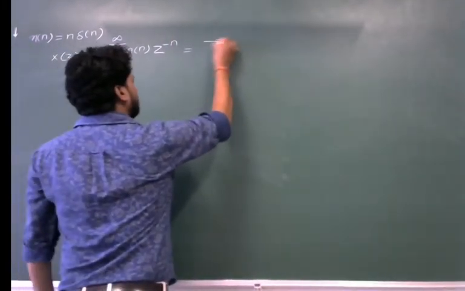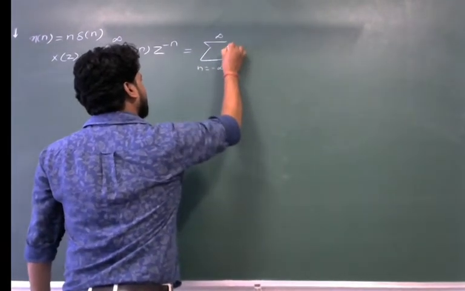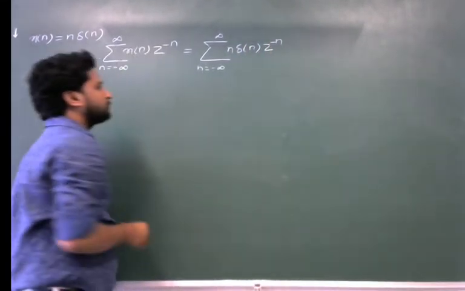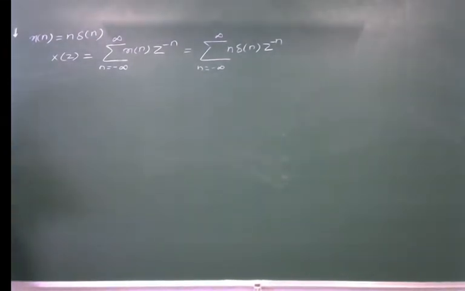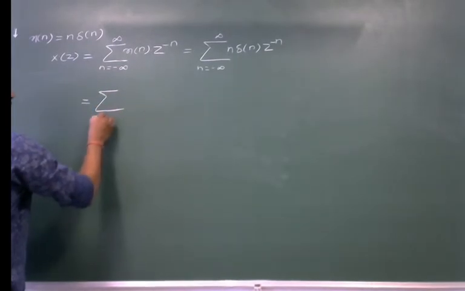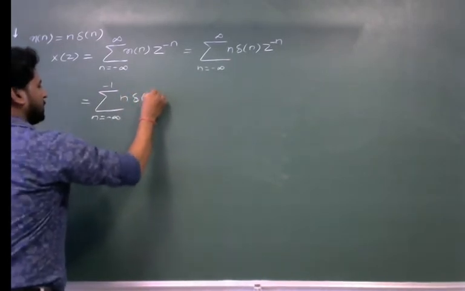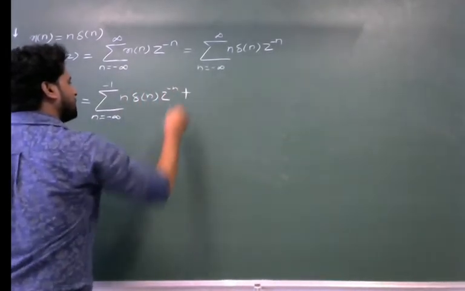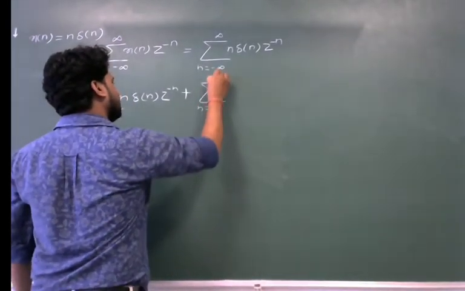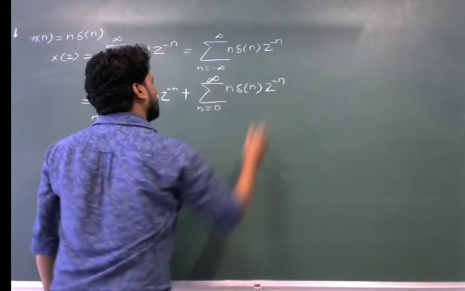This will be equal to sigma n from minus infinity to plus infinity n into delta n into z power minus n. Or we can break this limit as sigma n from minus infinity to minus 1 n into delta n into z power minus n, plus sigma n from 0 to infinity n into delta n into z power minus n.